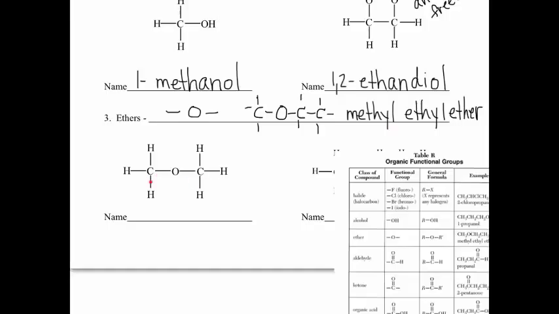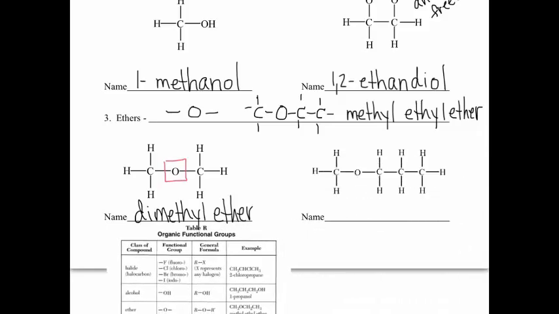You can call this methyl ether, or you can call it dimethyl ether. So the most important thing is, of course, identifying first your functional group so that you can then use your table R to figure out how to name it.